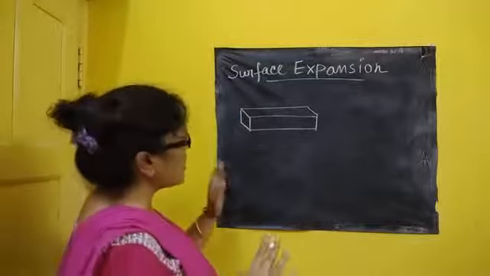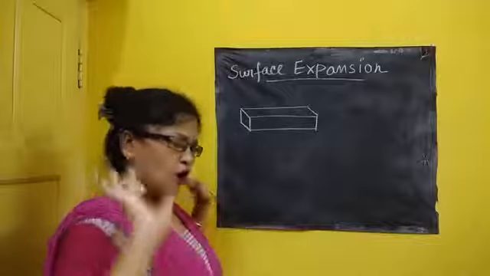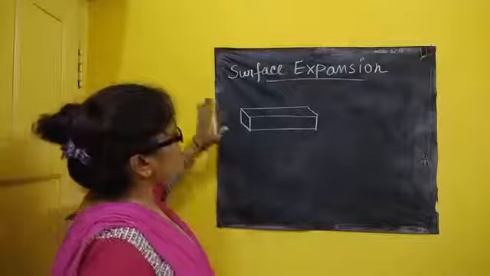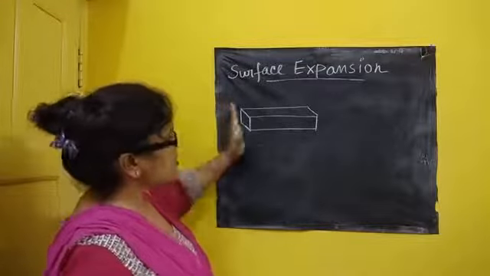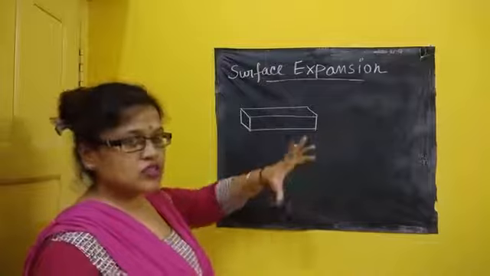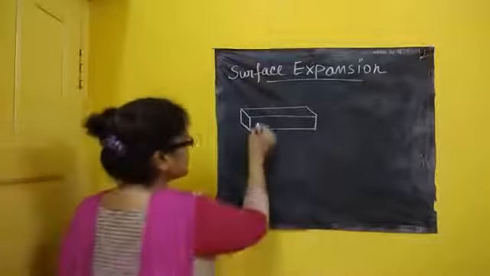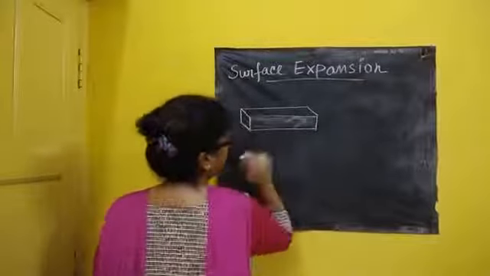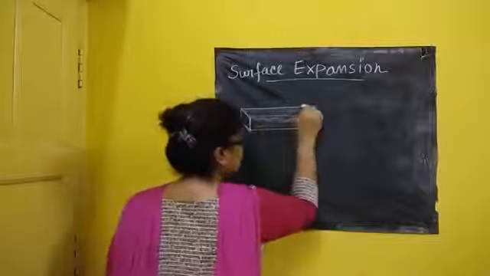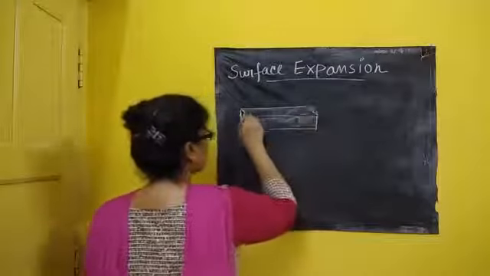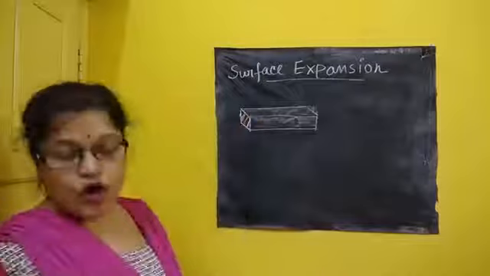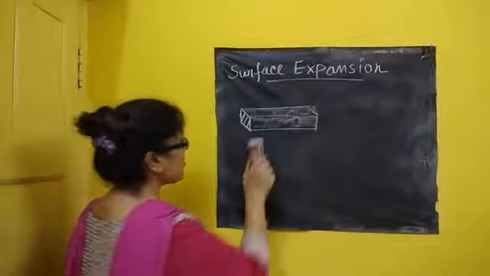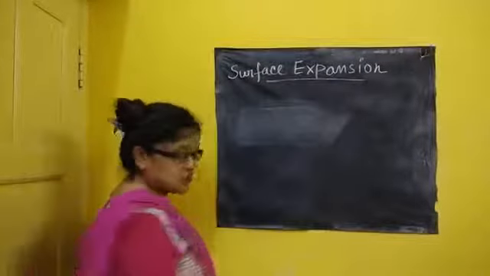So this is a solid object. When I change the heat of the substance, its length will change, breadth will change, height will change. Means this surface area will increase, this surface area will increase, as well as this surface area will increase. For easiest discussion, I am considering a two-dimensional structure.